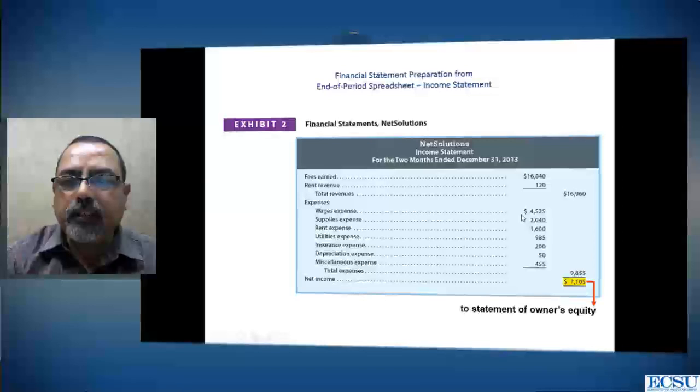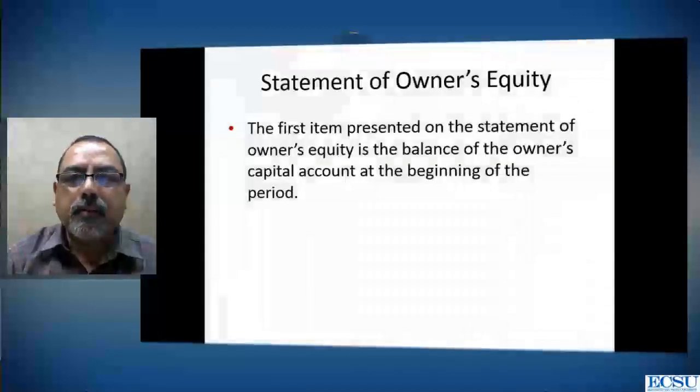And then we listed all the expenses, with the miscellaneous expenses last, in descending order, and added the total expenses to be 9,855 to calculate a net income of 7,105. So that will be the income statement part.